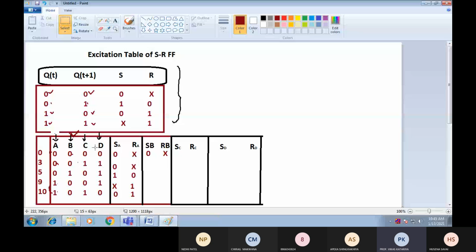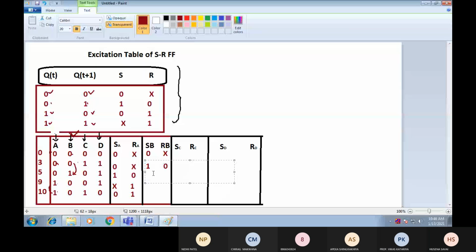Similarly, present state 1, next state 0. It gives us input 0 and 1. Similarly, present state 0, next state 0, it gives the input 0 and cross.